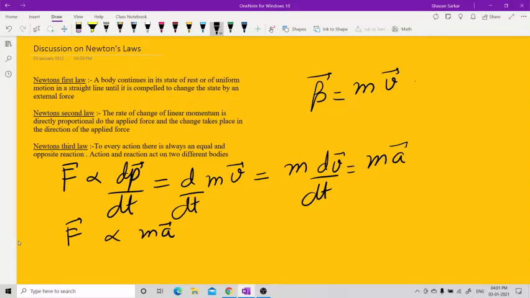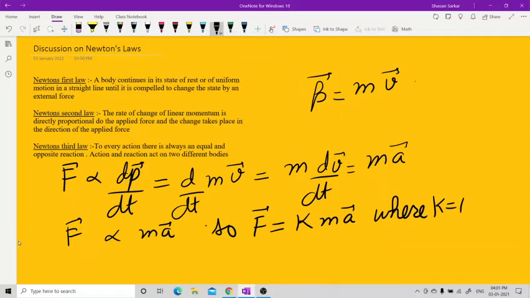In order to remove this proportionality, I have to introduce a proportionality constant, say k. So F is now equal to kma, where k is 1. So finally, force F is equal to ma. This is the discussion on the second law.